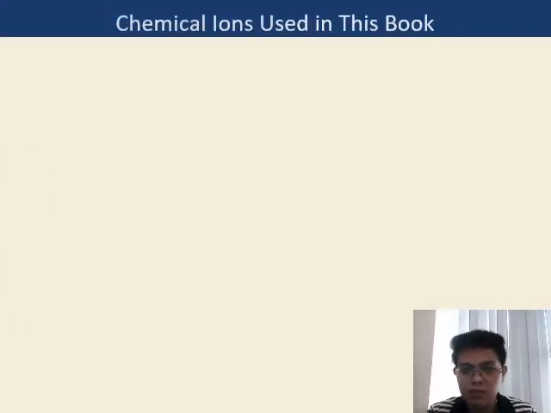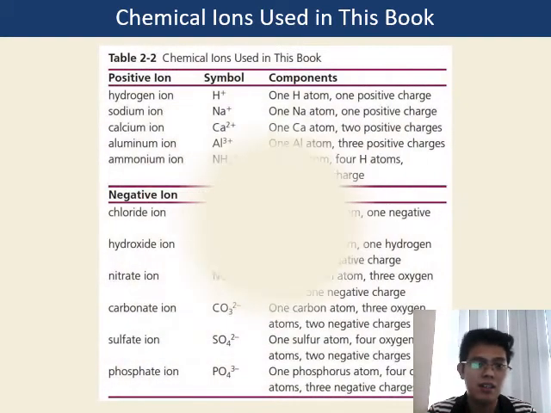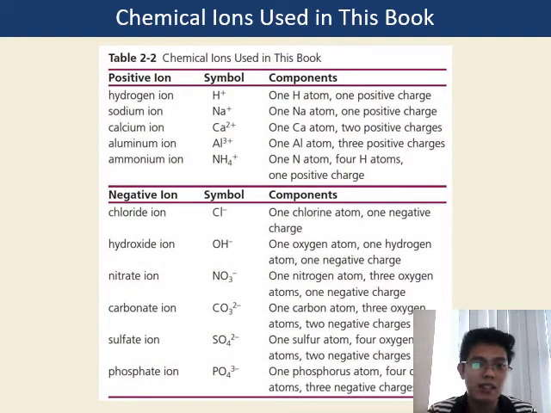So let me show you a table of some of the positive and negative ions that are prominently used in our main reference book, Living in the Environment. So we have here hydrogen ion. So one H atom, one positive charge. It's positively charged because it can lose one electron.